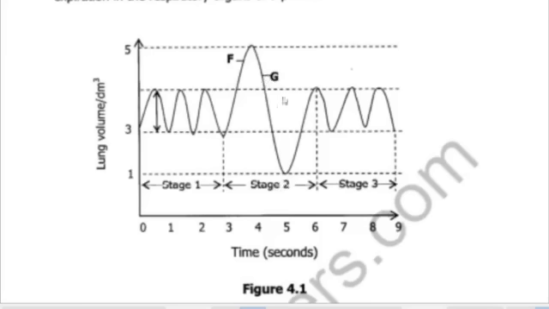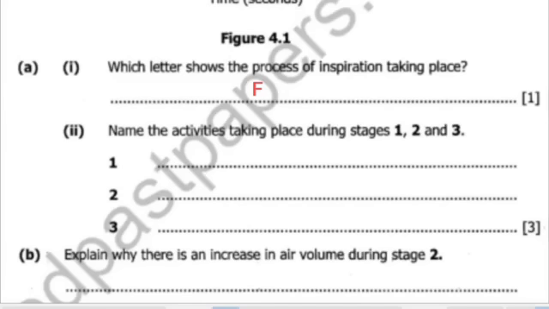So the letter that is showing the process of inspiration taking in is the letter labeled F right here. So this is our answer. Alright, so we have answered that letter F is the letter that is showing the process of what? Inspiration taking place.